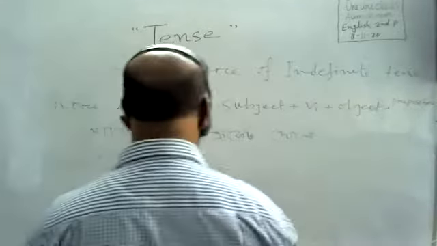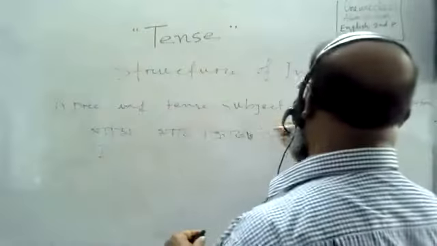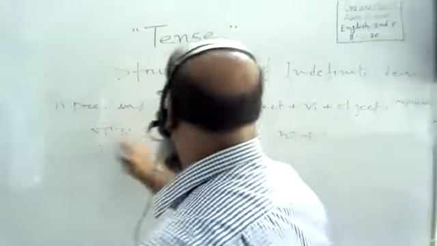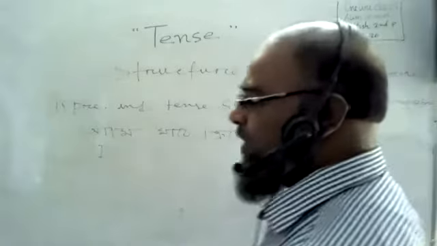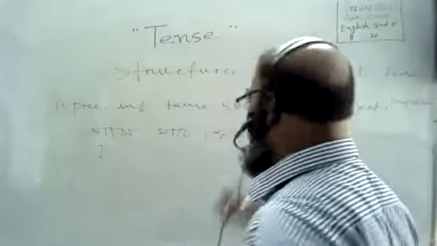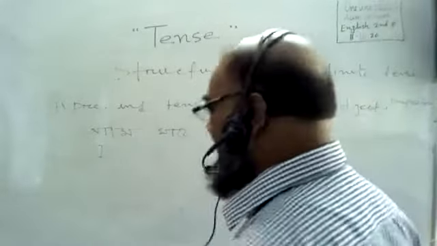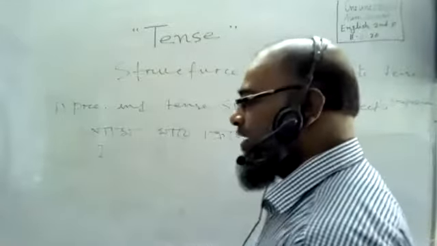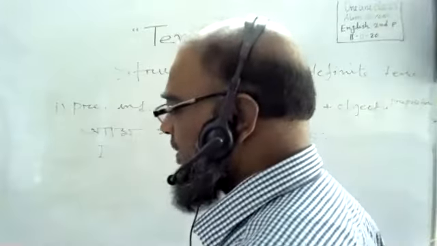Then the structure is subject plus V1. So what is the V1 word here? Ami mathe cricket kheli. Here, what is the verb? Play. Kheli, so khela in English is play.